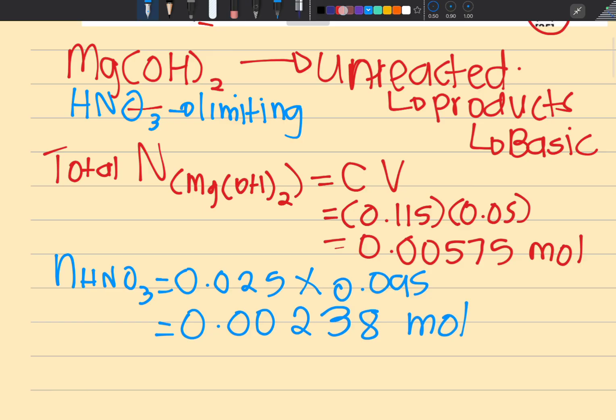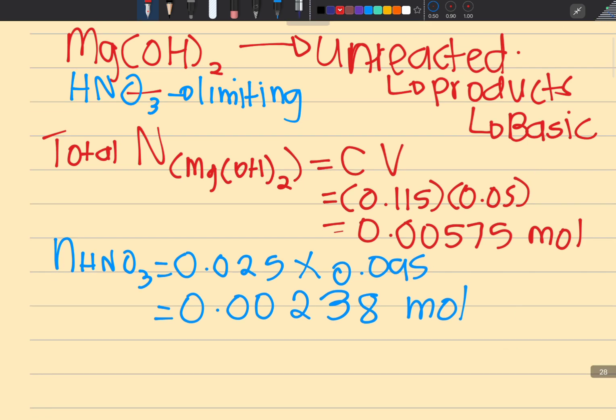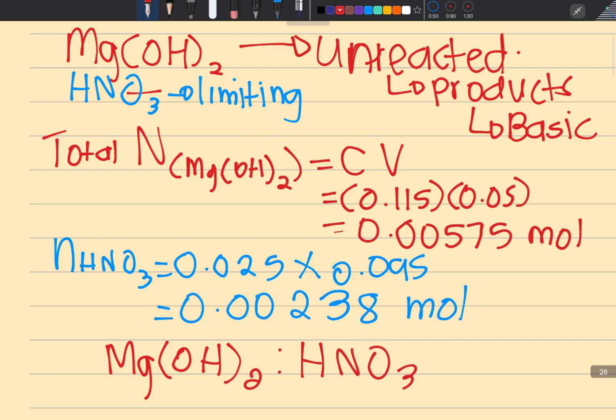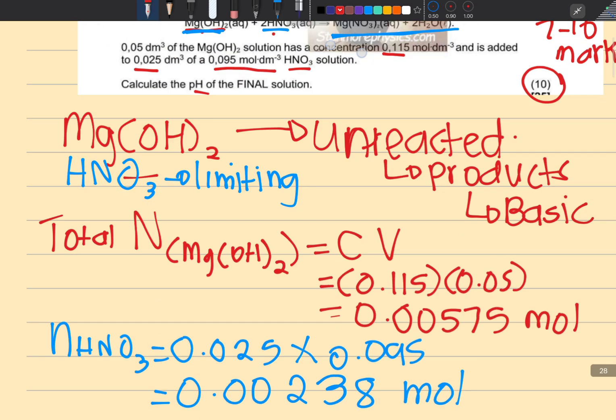This is for me to find how much of the magnesium hydroxide has reacted. According to the reaction, Mg(OH)2 to HNO3 is 1 is to 2.